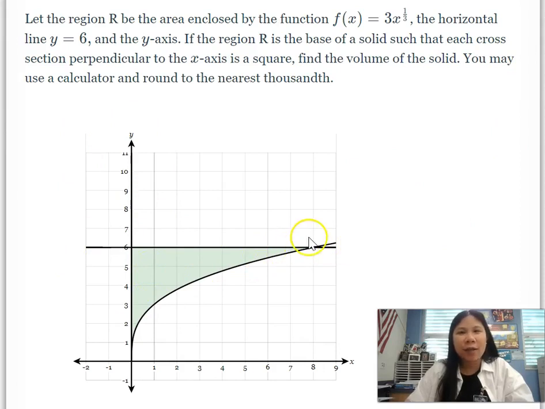That's our base shape, or base graph, that we're going to refer to in our project. For this one, we're going to use cross sections of a square. So we're looking at this length between y equals 6 and the curve to make a square on top of that length.